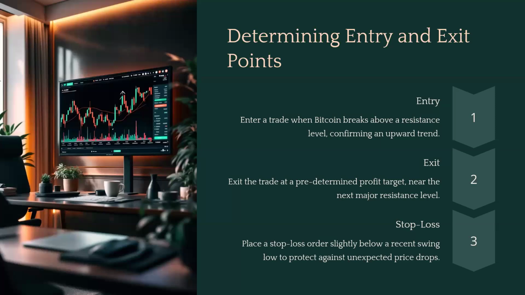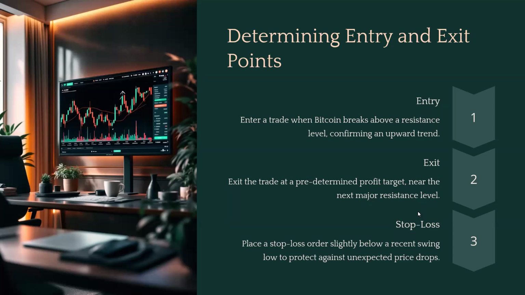So it's best to place your entry near a breakout, so that you can invest into an upward trend. It is also important to exit the trade at a predetermined profit target near the next major resistance level.